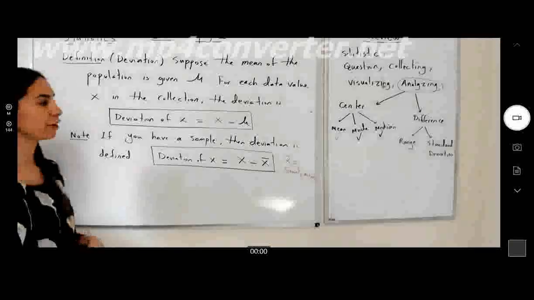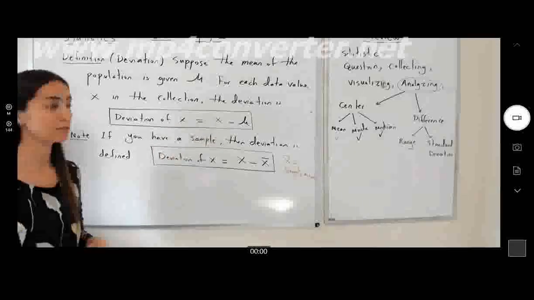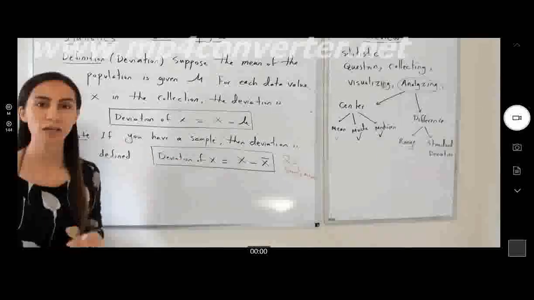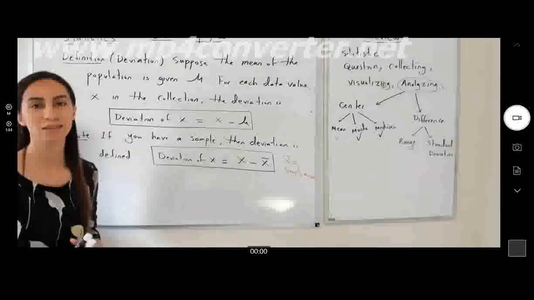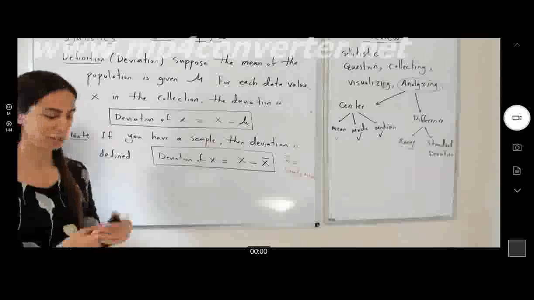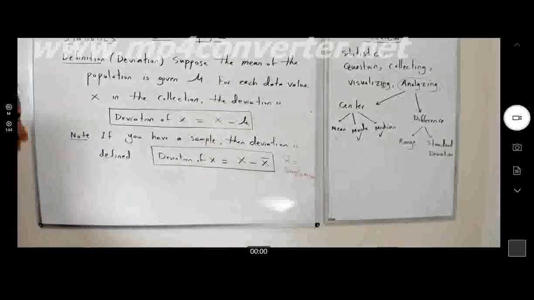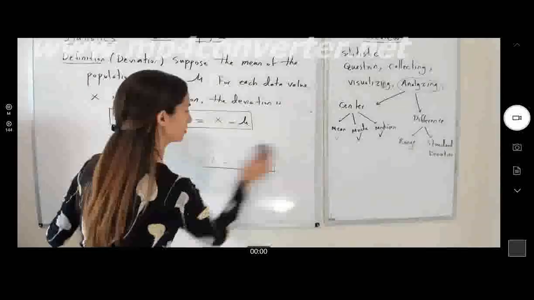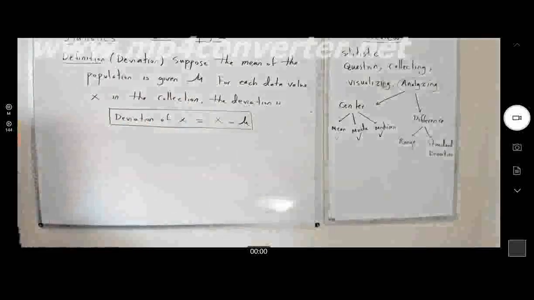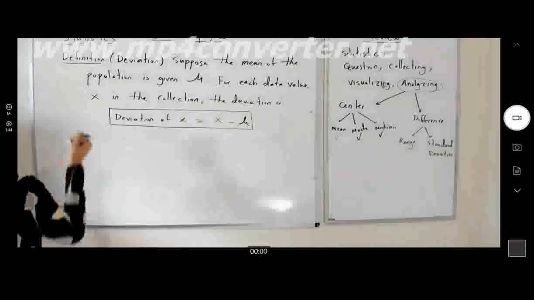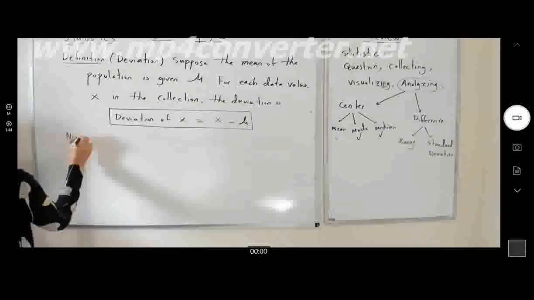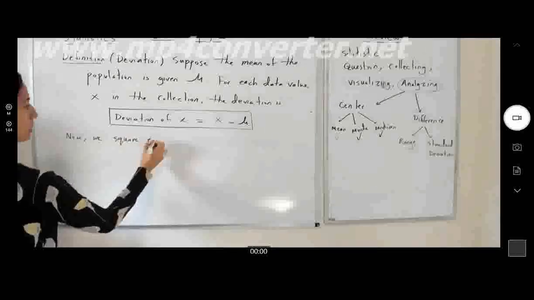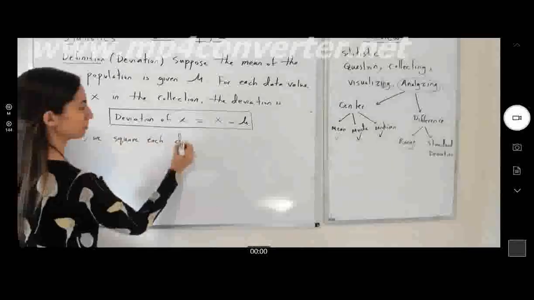Well, after finding the deviation between each value in the collection and the mean, we're going to square each of those numbers. So let me erase this part of the board. Now, we square each deviation.